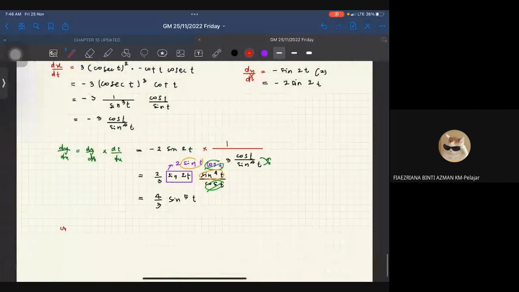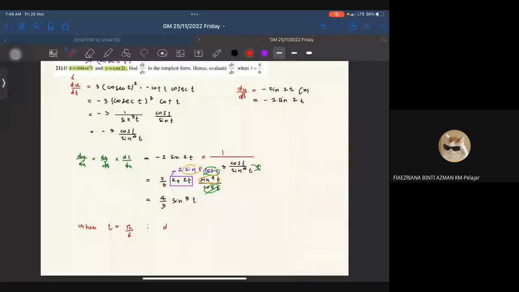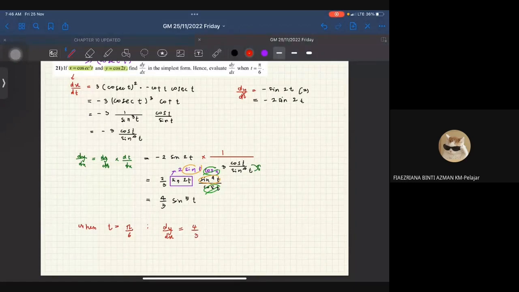So kita akan tulis when T is equals to pi over 6. Okay, so apa nilai yang awak dapat? So kita akan dapat dy dx sama dengan 4 over 3 and then times with sine power of 5 pi over 6.